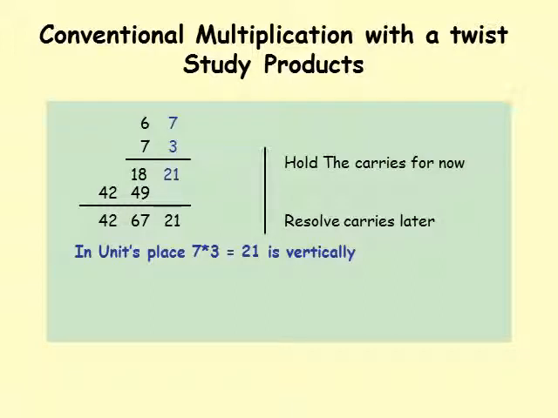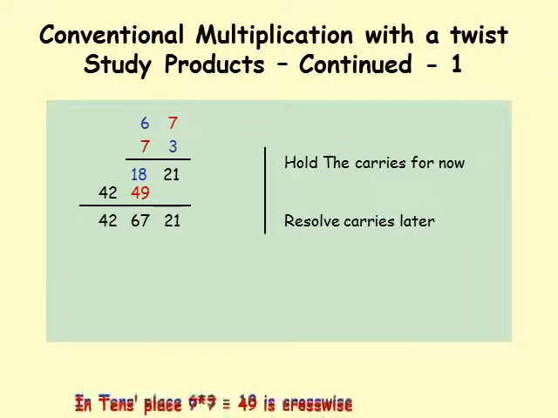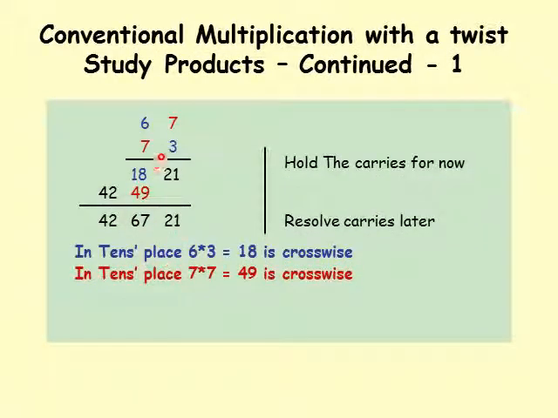Let's do some more investigation into the products. This 21 was the product of 7 and 3, and that's units place. We have 7 times 3, which is 21, and this is vertically. In tens place, 6 times 3 is 18. That was crosswise.